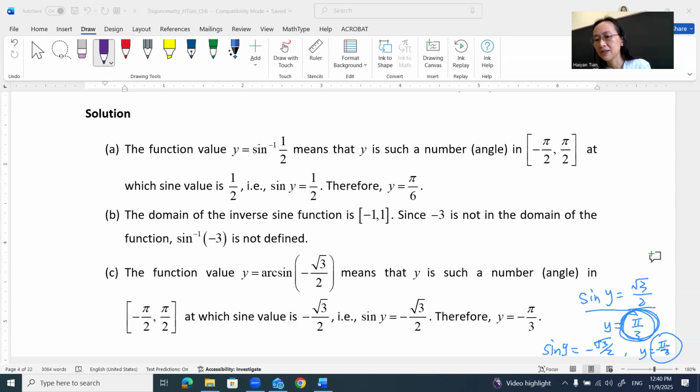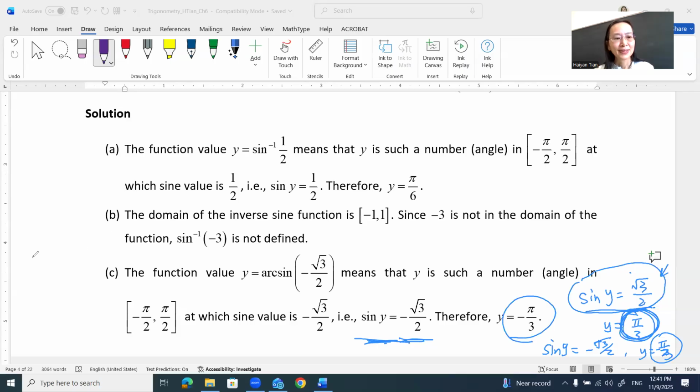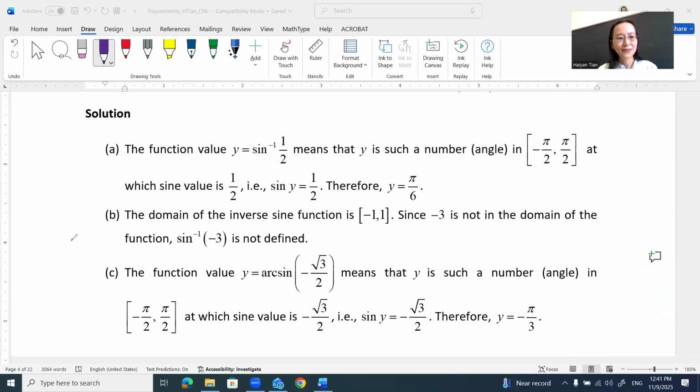Very easy to fix, as long as we remember that special result. So which y has sine equal to this value? That's pi over 3. That's right. Therefore, for what y has sine value negative square root of 3 over 2, it's negative pi over 3. Okay, that's it for the sine inverse.